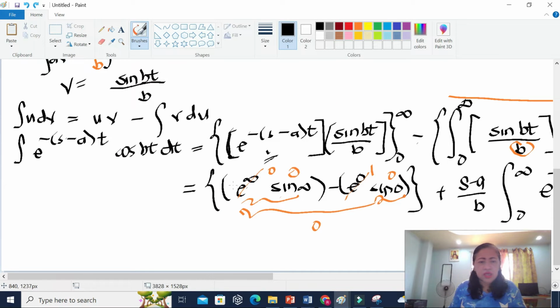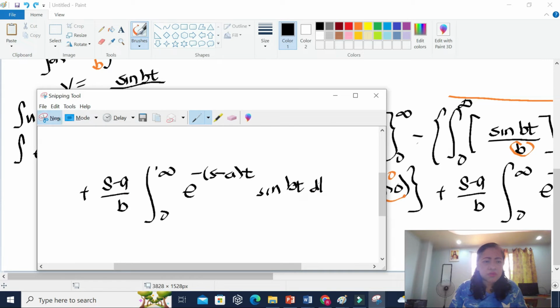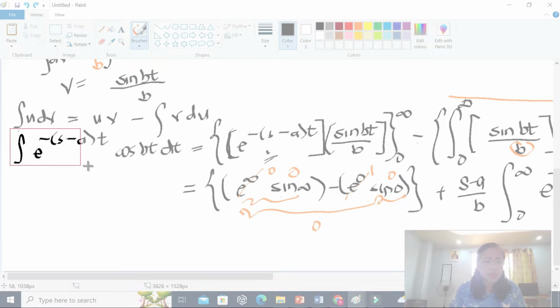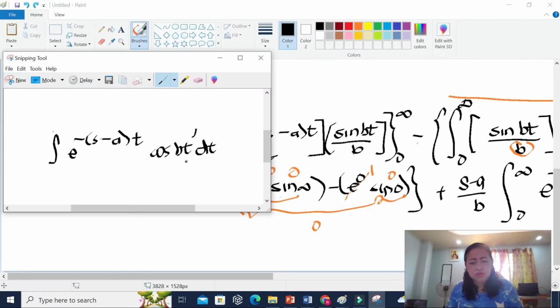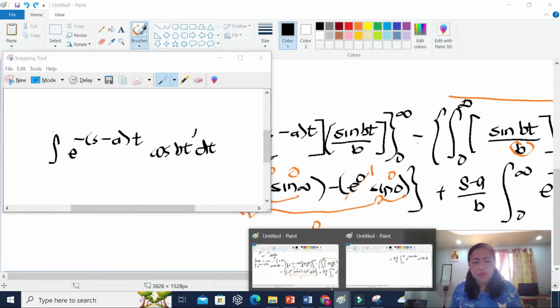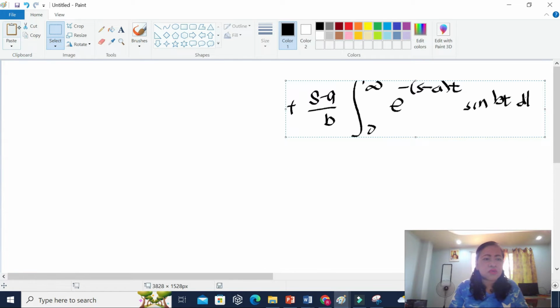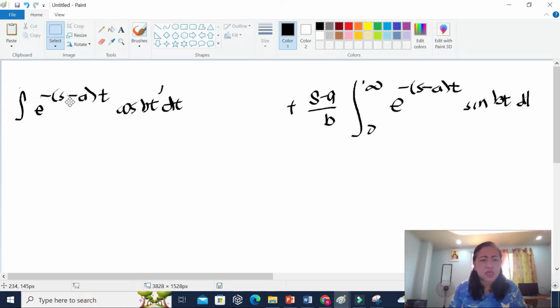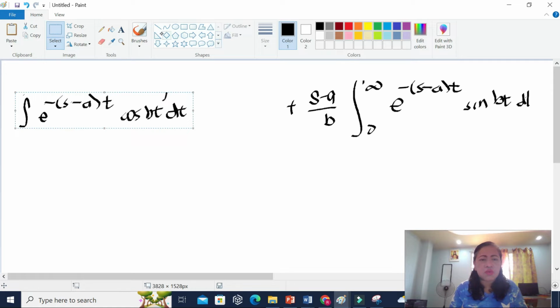Ito nag-0 na. Okay, ito na lang kopyahin natin. Ito. C. Okay. So, sige natin siya dito. Okay. Paste. Okay. So, this is now what remains from our equation. So, equate natin to.